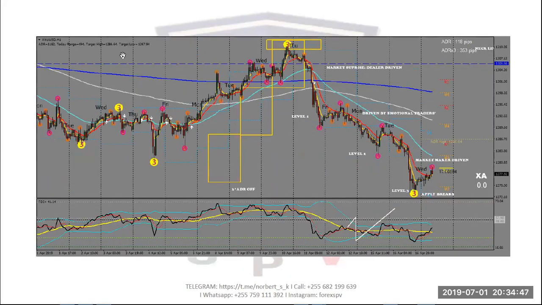So let's talk of the market maker trend from the perspective of the retail traders. When the dealer sets the peak high here, we have a big M on the 1 hour time frame.